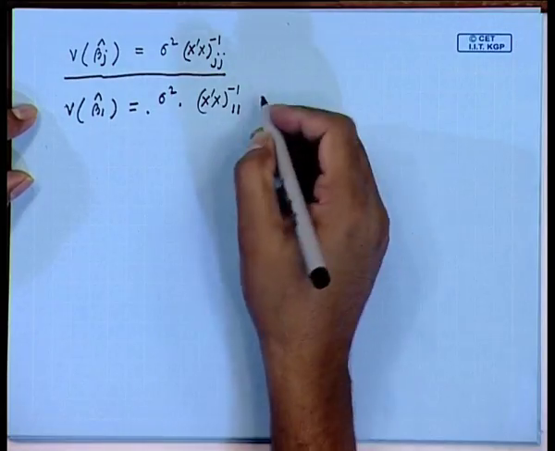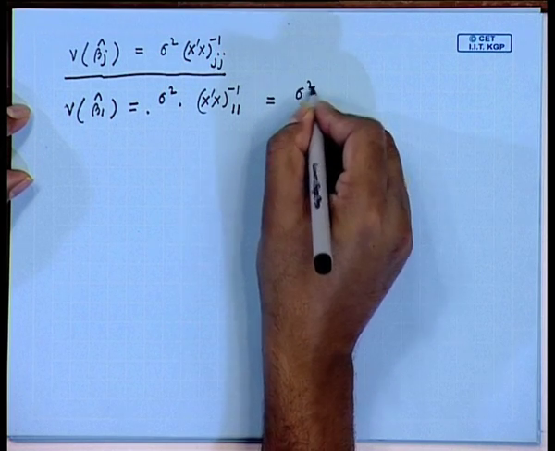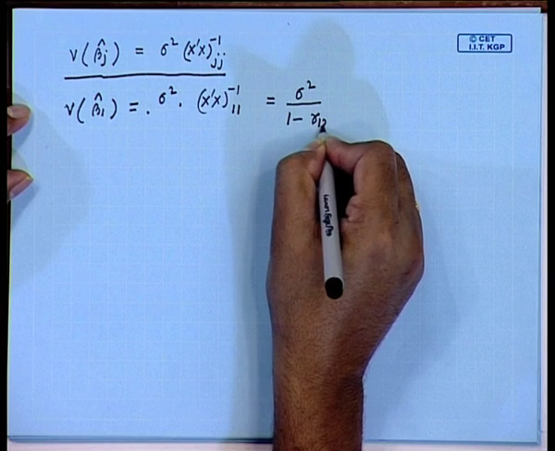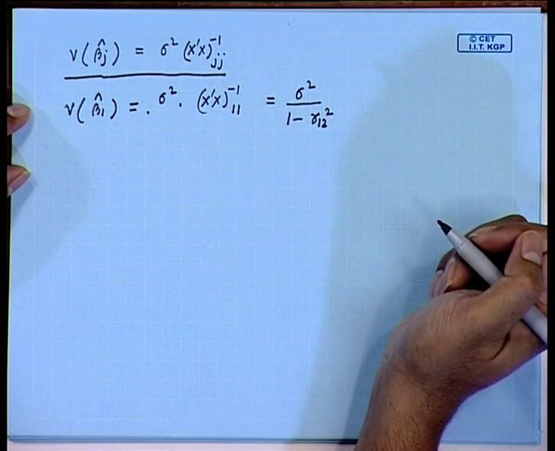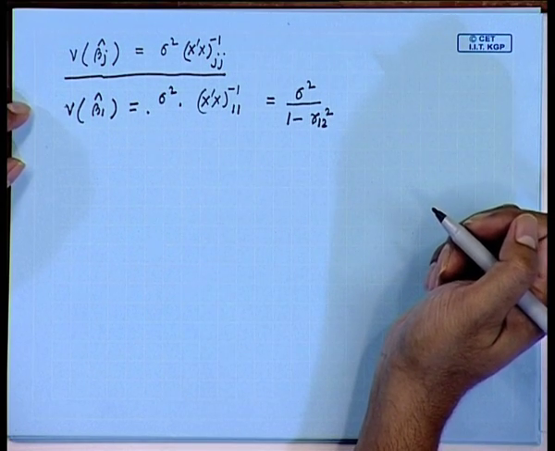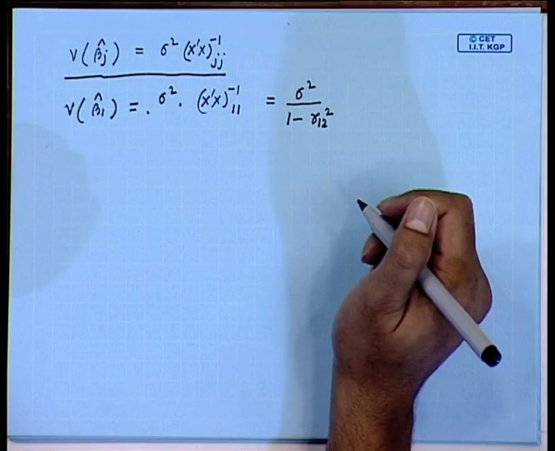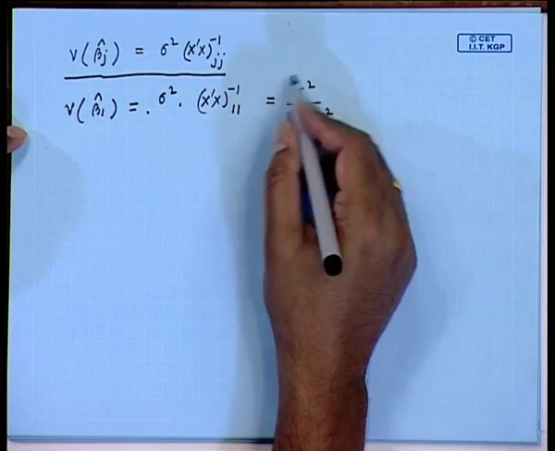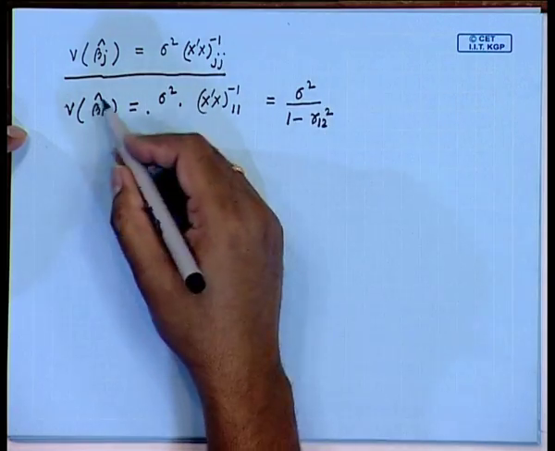So, this is equal to sigma square by (1 minus r12 square).